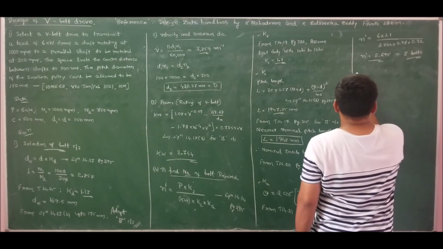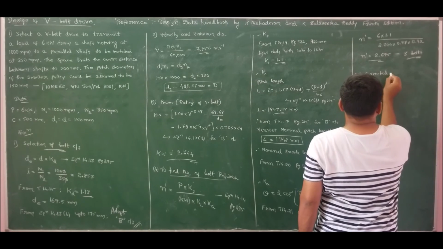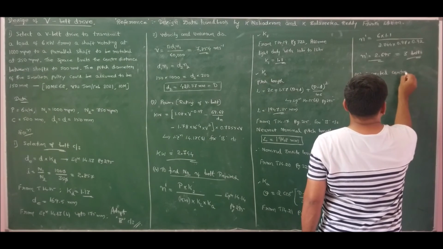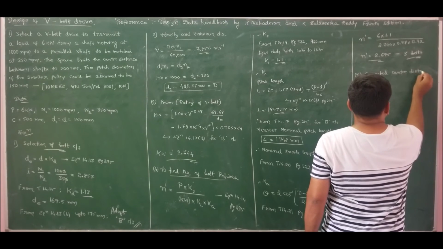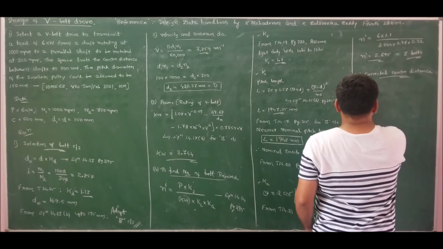Next, moving for step number 5 to find corrected center distance. We have the formula for corrected center distance.